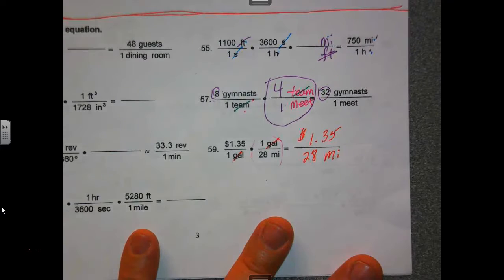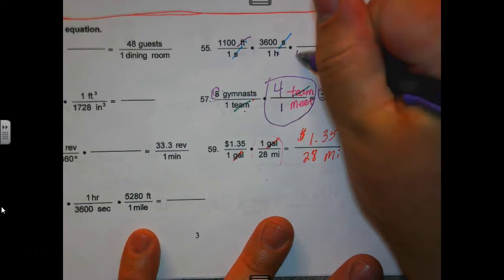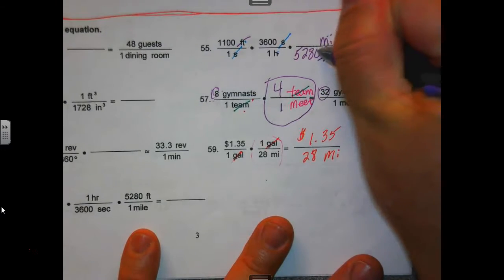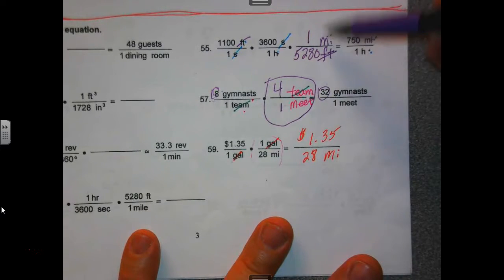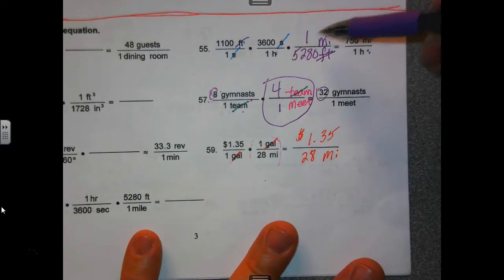Does anybody know how many feet are in a mile? Very good. 5,280 feet in 1 mile. Because you want to multiply by a number 1, so we don't change the value of any of these.